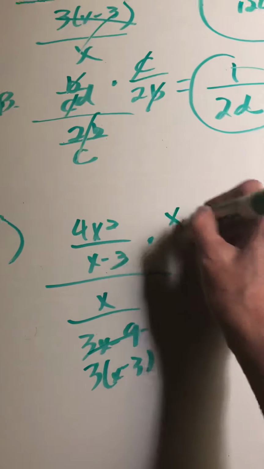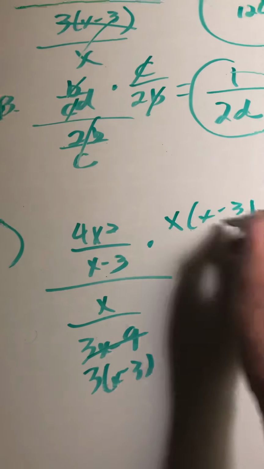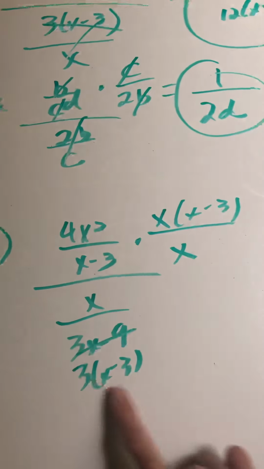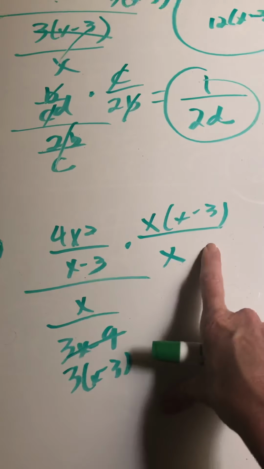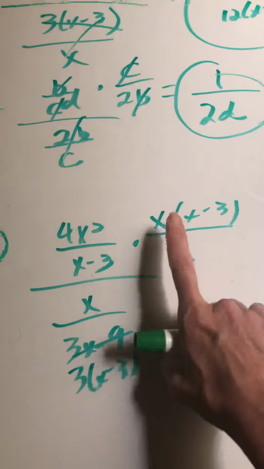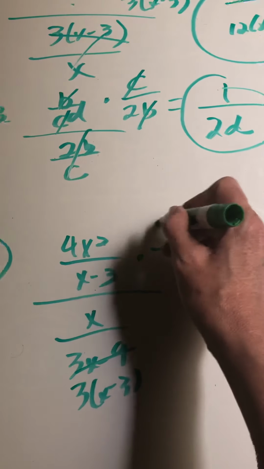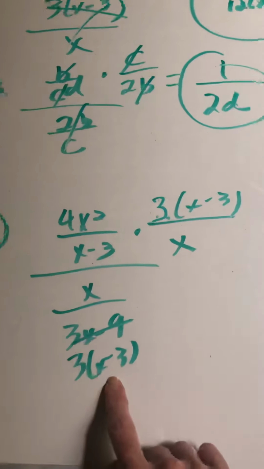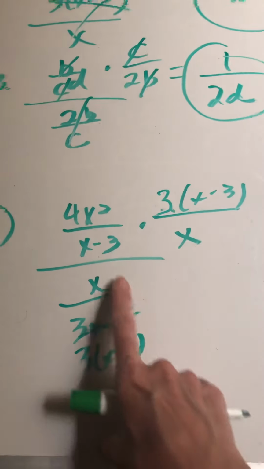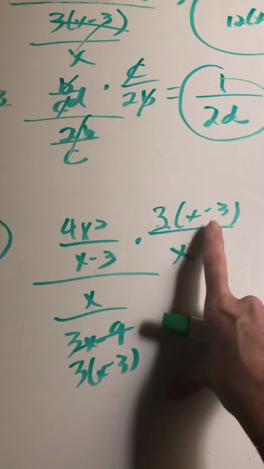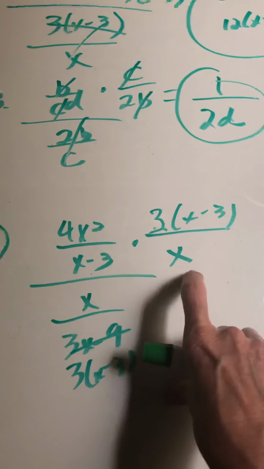So I'm going to put x times x minus 3 over x, because of that x right there. So I took this right here, and I just flipped it and put it right there. I factored, whoops, sorry. That's going to confuse everybody. That should be a 3, not an x, because it's 3 times x minus 9. So I took x over 3 times x minus 3, and I flipped it to be 3 times x minus 3 over x.